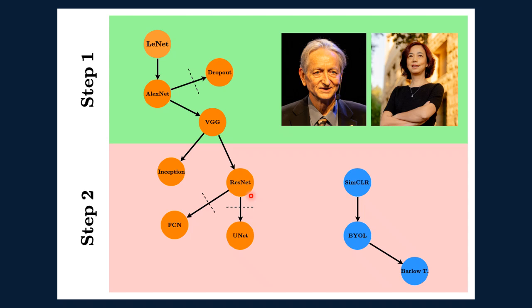Now if you are familiar with all these architectures, this might take some time, but if you are familiar up until this point, then you can move forward to more advanced convolutional neural network based architectures like UNet and fully convolutional networks, which are used for segmentation tasks.